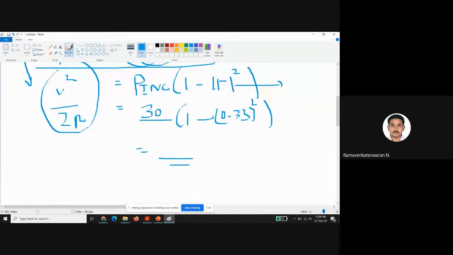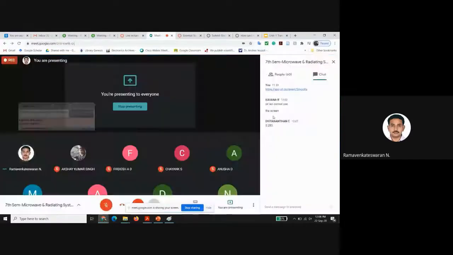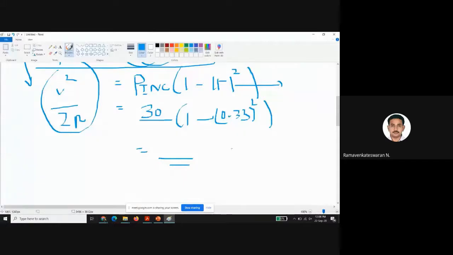How much is gamma? You can put it in the chat. I did not calculate. 0.283. Take the square of it, take 1 minus this, and multiply with 30, so you get close to 26 watts.